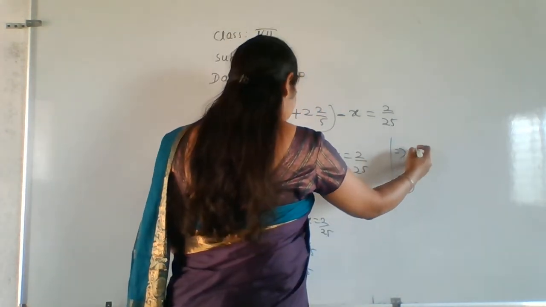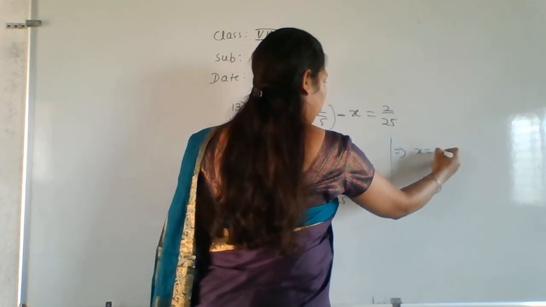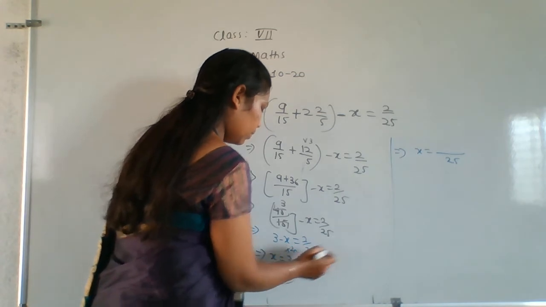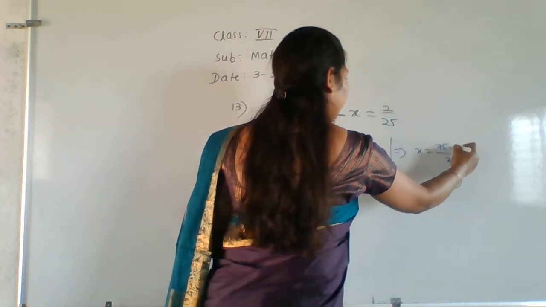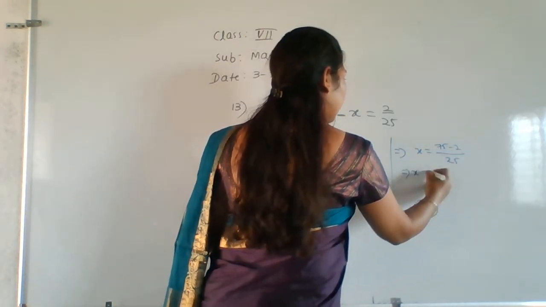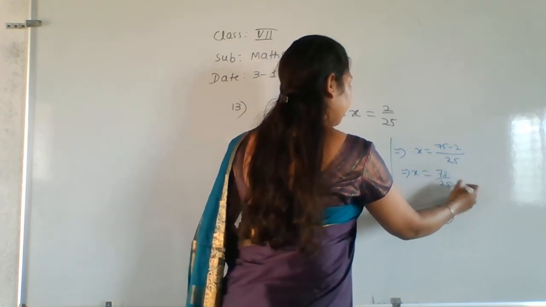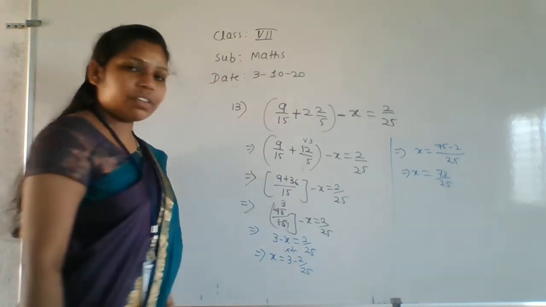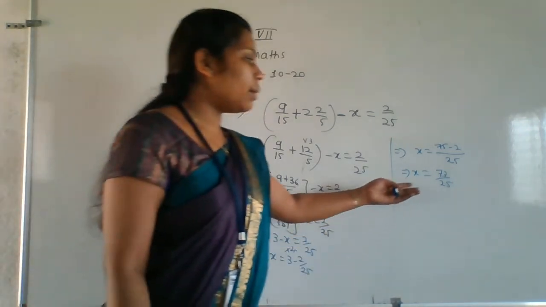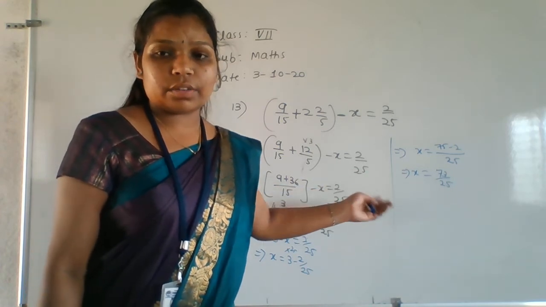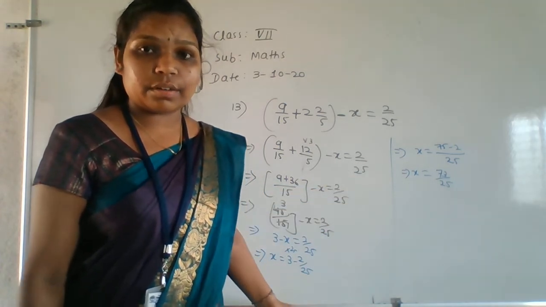So x is equal to 25 here and here 25. 25 threes are 75 minus 2. So x value is 73 by 25. If you want to convert into a mixed fraction, convert it. Otherwise, keep as it is. It is also correct. Both are correct.